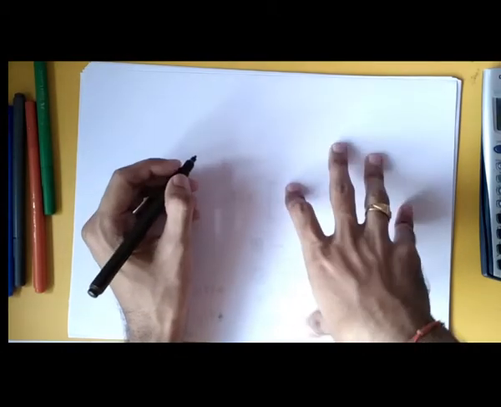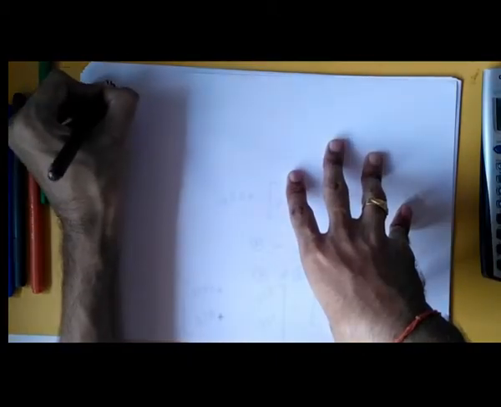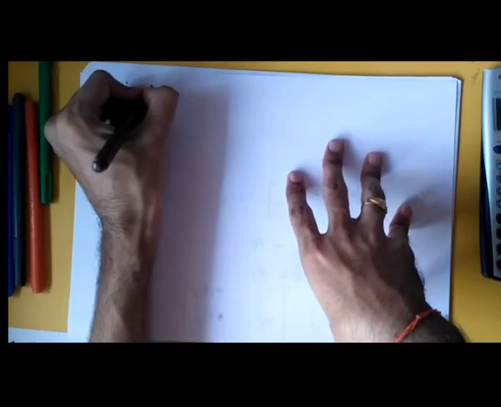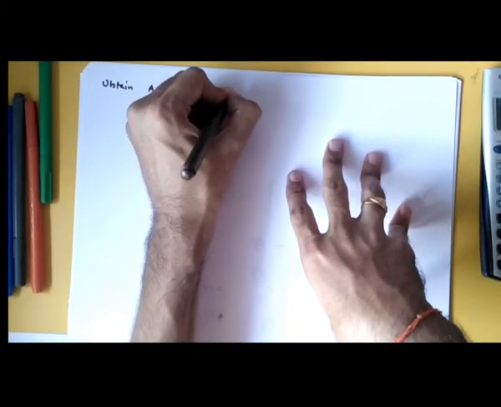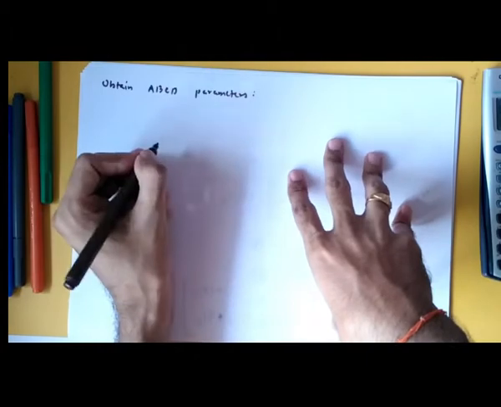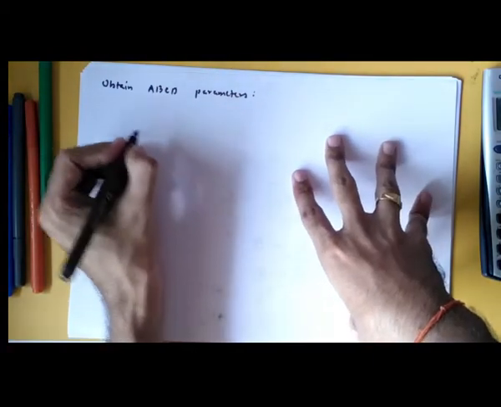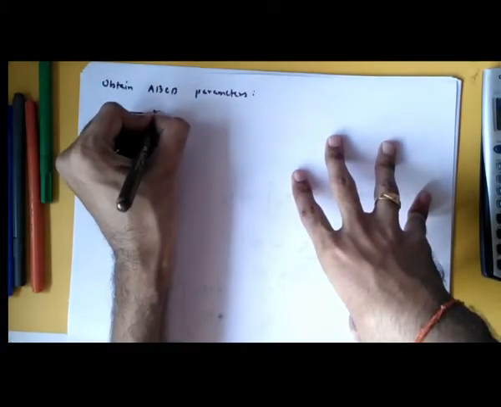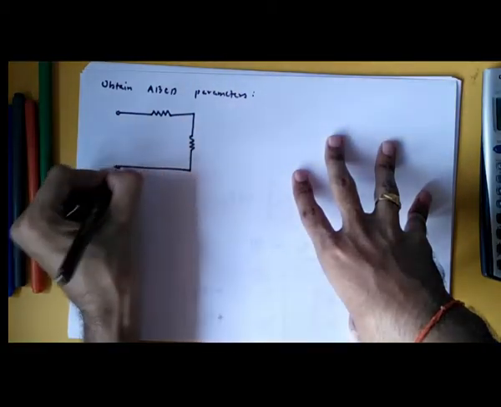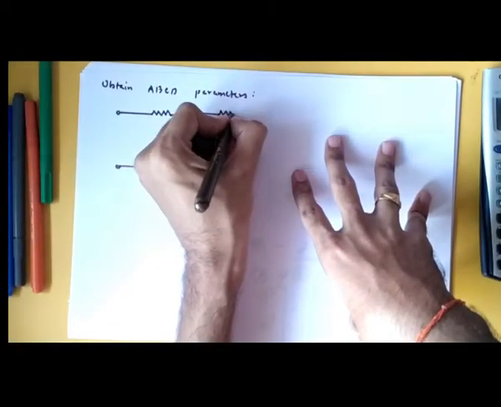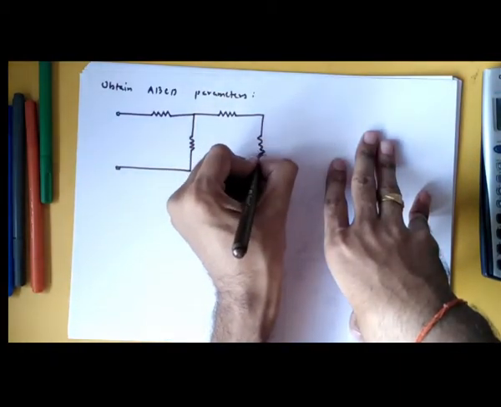Let's do the next sum. So again, obtain ABCD parameters for the network shown. So again, same type of sum, only thing is one loop is extra.